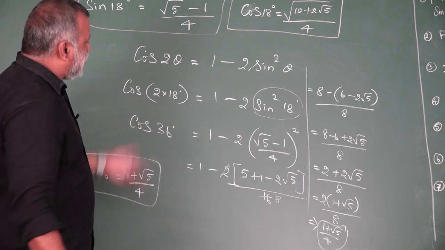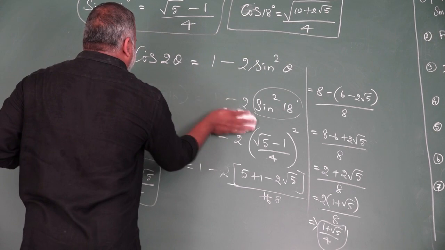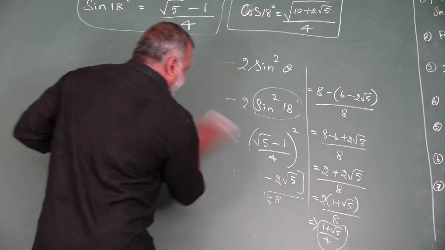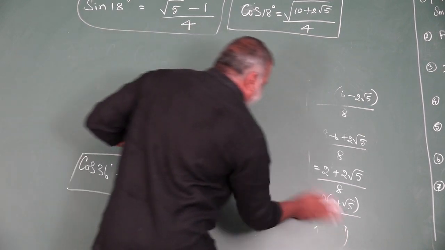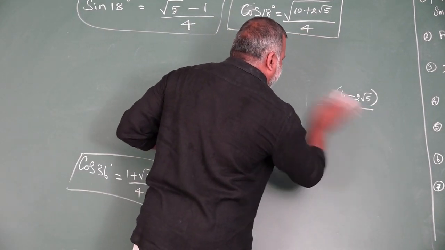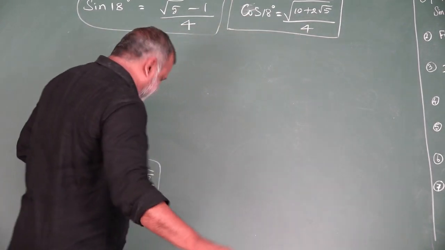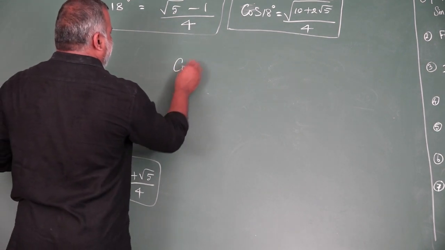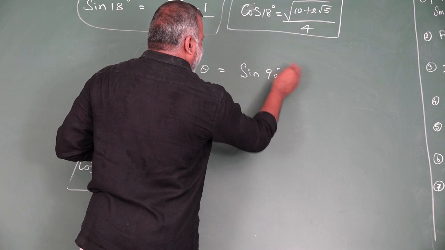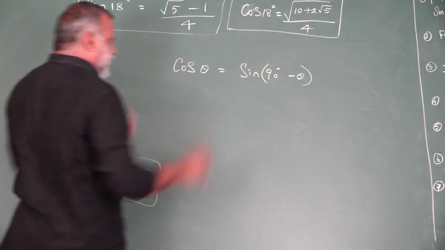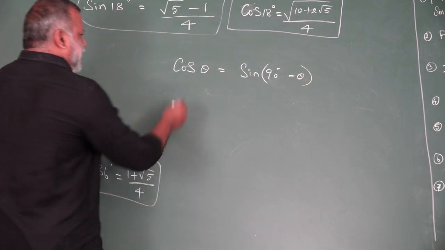From this cos 36, we are able to derive one more result. Now we derived the value of cos 36. Listen once again. We know the basic formula: cos theta is equal to sin of 90 minus theta. Use the same logic. Here theta is replaced by 36.